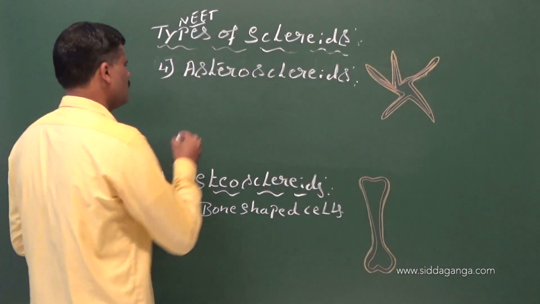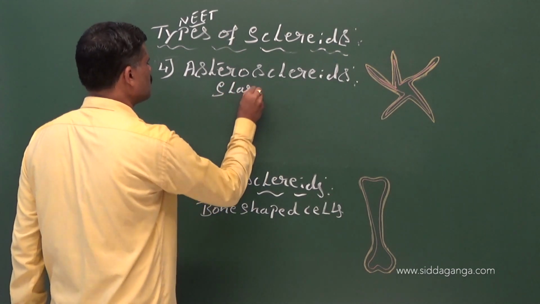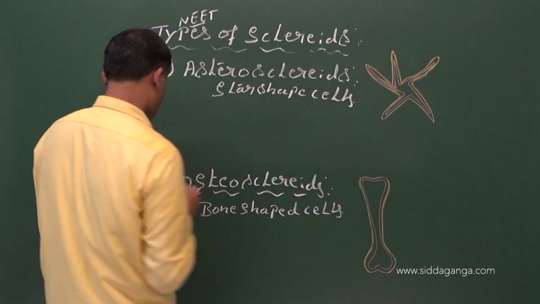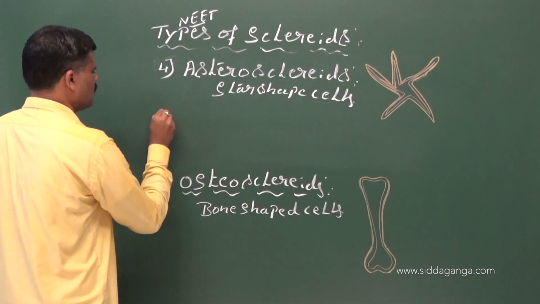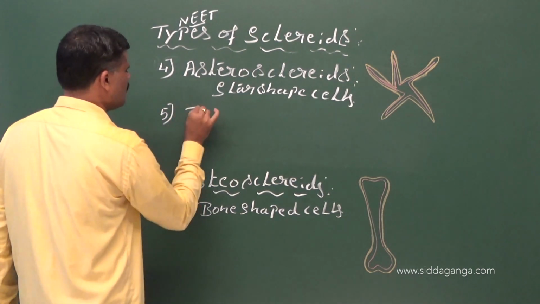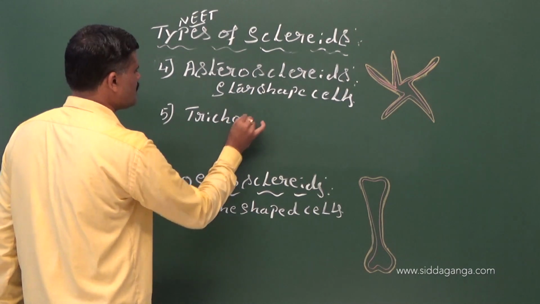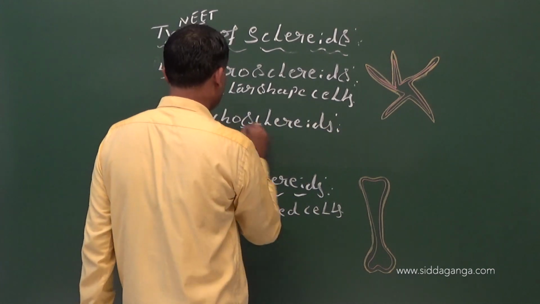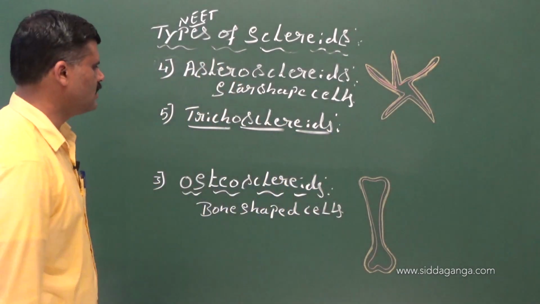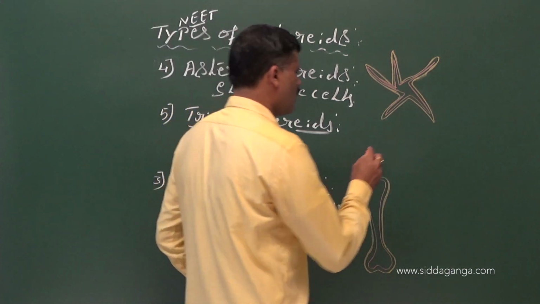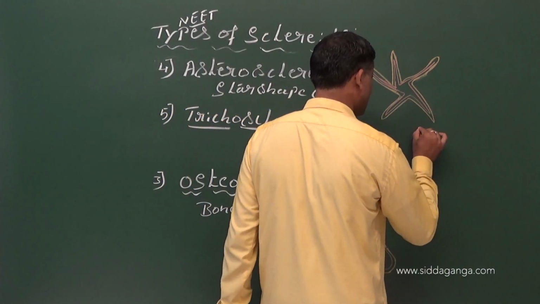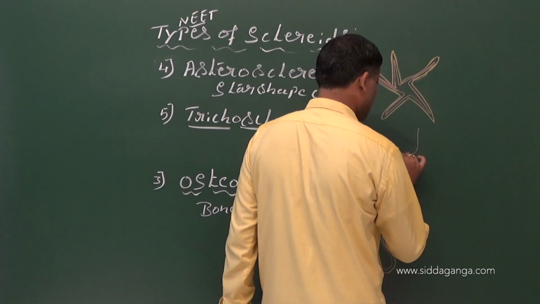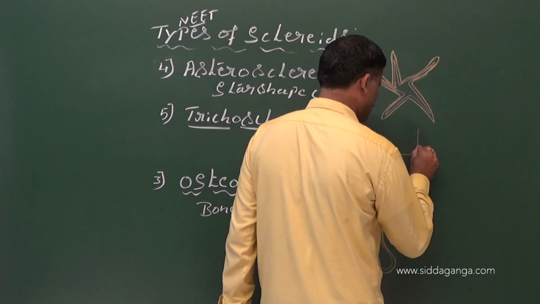Next, so here star shaped cells. Then the last type is Trichosclerids. Trichosclerids are somewhat long ear-shaped cells, and they are branched into 3 lobes.